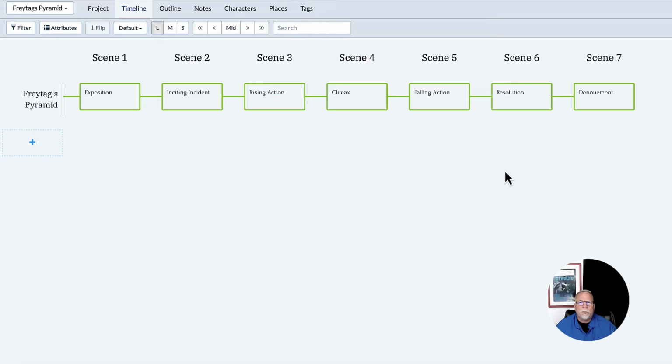It's an established plot structure, and one that's helped authors structure stories, and most often tragedies, including modern retellings of Romeo and Juliet and Hamlet, for years and years. So it's something you know that can work for your story. Now, let's take a closer look at what the parts of Freytag's pyramid actually are.